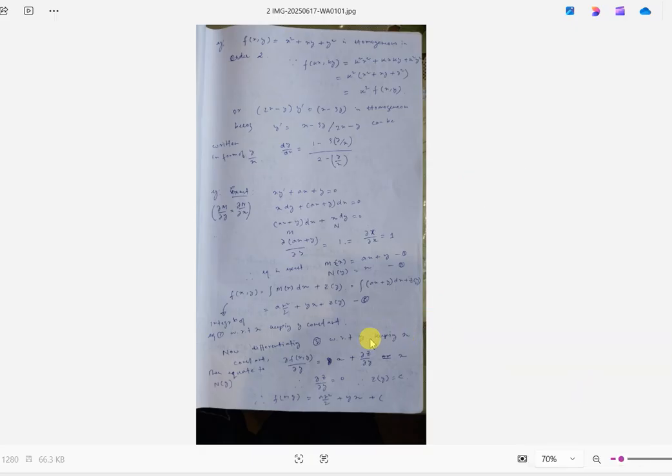If we do that, the first term becomes 0, because with respect to y it is just a constant.